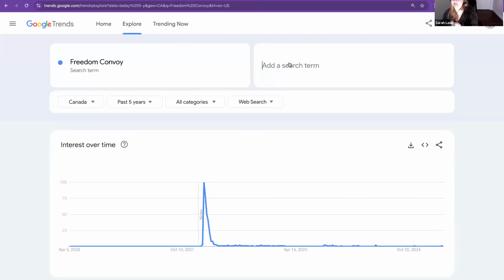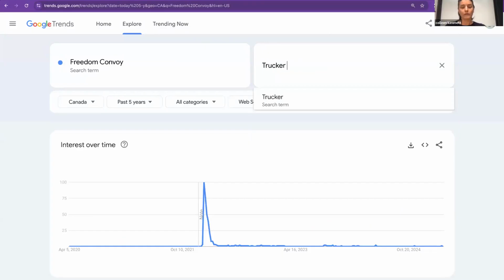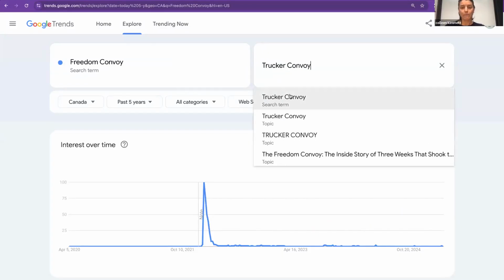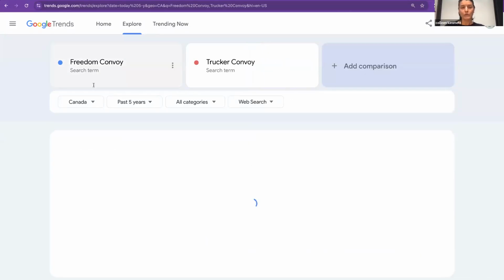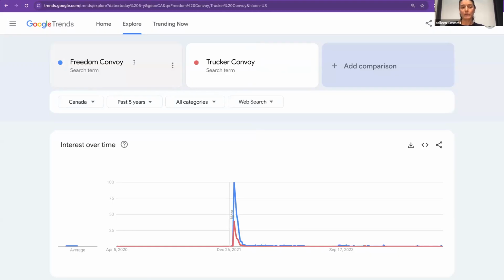I'm going to guess the Trucker Convoy. So I'm going to keep these as search terms because you saw pop up when I typed in Freedom Convoy, Canadian Convoy protests. So that would include searches for both. But in this case, I want to compare this exact term with that exact term.